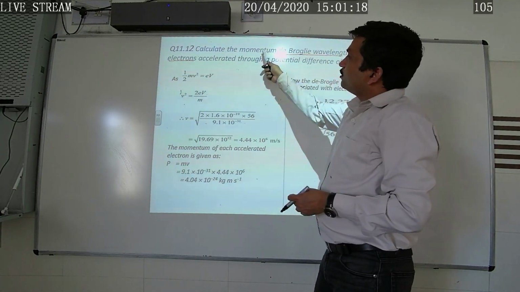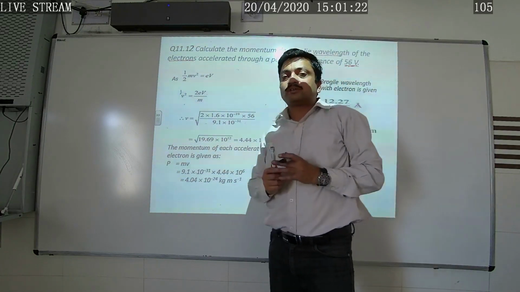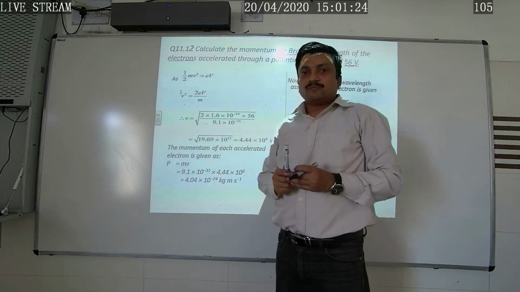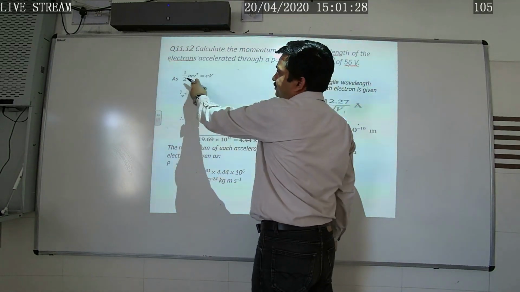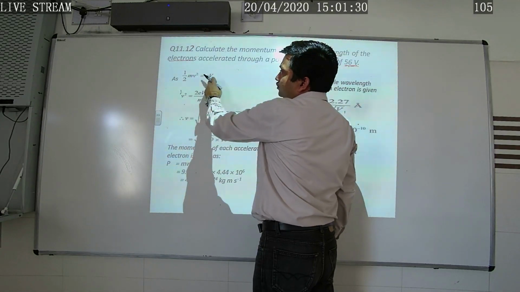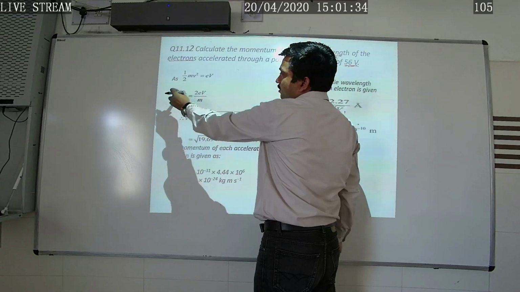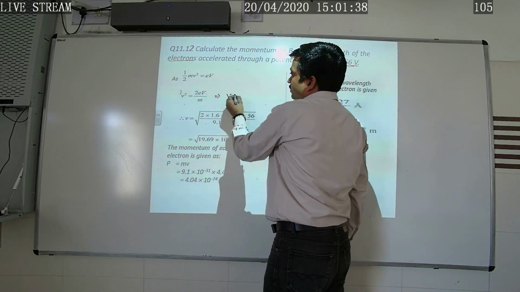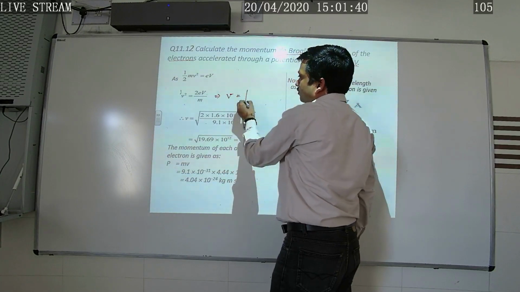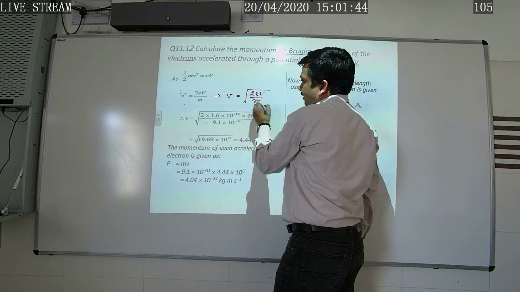But here, in order to calculate the momentum, first of all we must know the velocity of the electron. As we know, the maximum kinetic energy of the emitted electron equals eV, the work done by the stopping potential. So from here the speed of the electron will be equal to square root of 2eV by m.